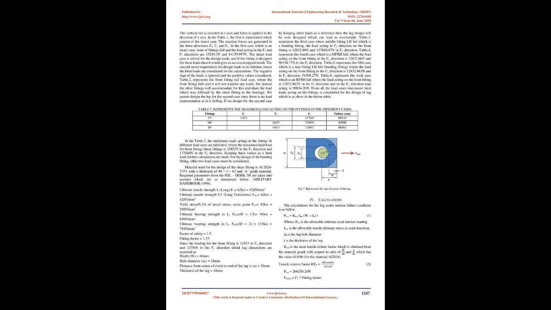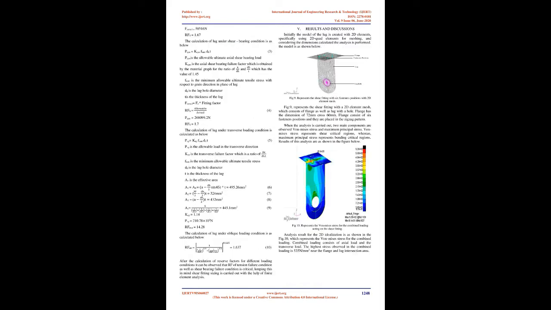Military Handbook 1998. Ultimate tensile strength L, long, FTS equals 62 KSI equals 428 N/mm2. Ultimate tensile strength LT, long transverse, FTS equals 62 KSI equals 428 N/mm2. Yield stress, 0.2% proof stress, cross grain FYTS equals 42 KSI equals 298 N/mm2.